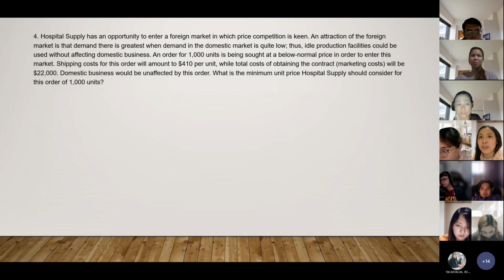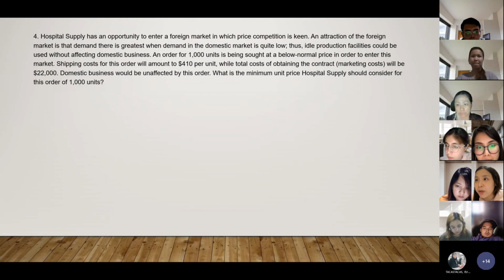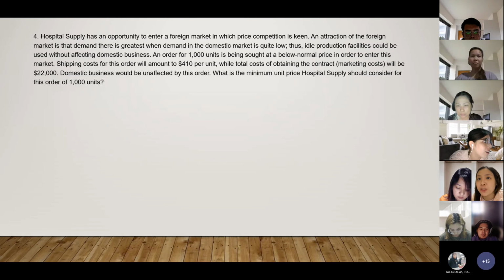In order to enter this market, shipping cost for this order will amount to $410 per unit. The total cost of obtaining the contract, marketing cost, will be $22,000. Domestic business would be unaffected by this order. What is the minimum unit price Hospital Supply should consider for this order of 1,000 units?